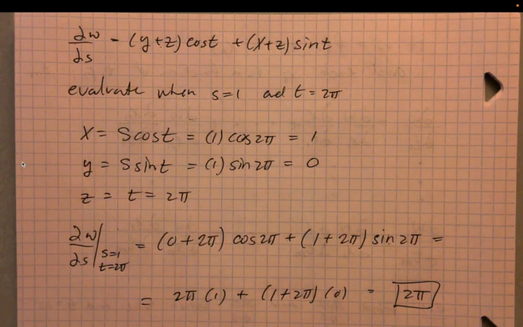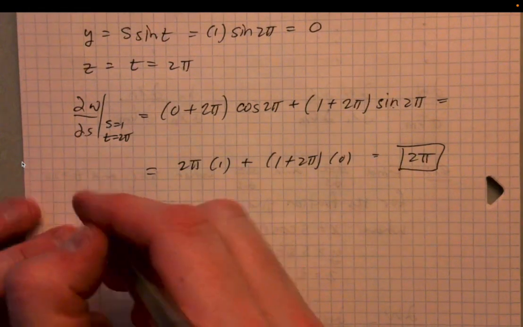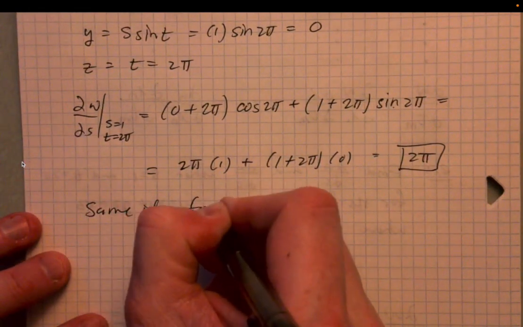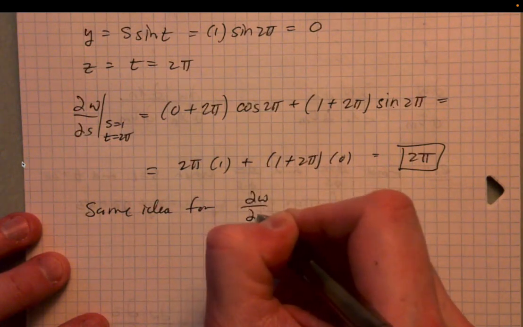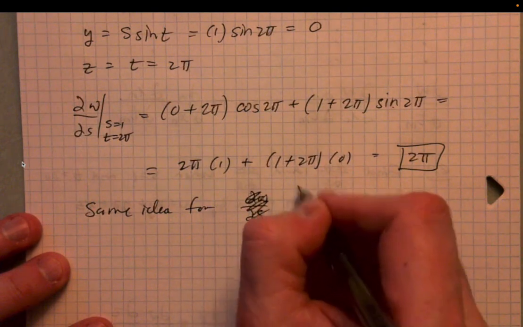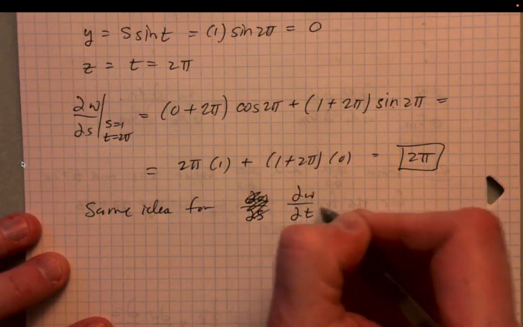Okay, so that's how that one works. And it's the same idea for the other partial derivative. I think, oh no, we want ∂w/∂t.